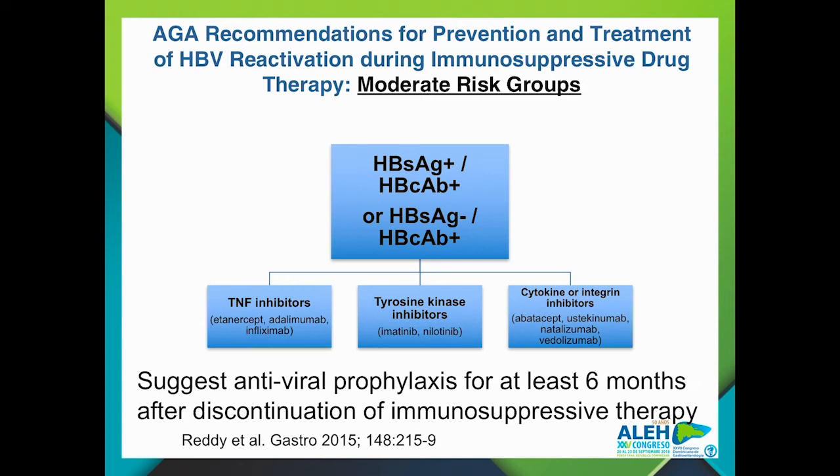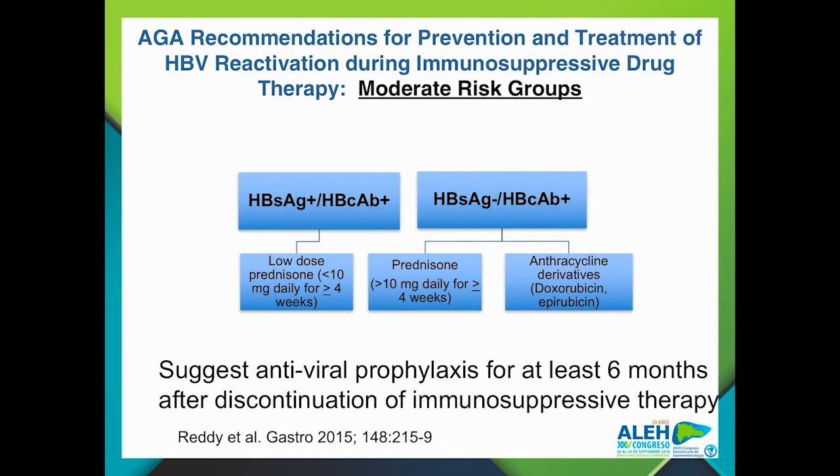Moderate risk groups are TNF, patients getting TNF inhibitors, patients who are getting tyrosine kinase inhibitors, or cytokine or integrin inhibitors. And these patients also, from this paper, are recommended, if they're core antibody positive alone, to be placed on therapy and to have that continued for at least 6 months after cessation.